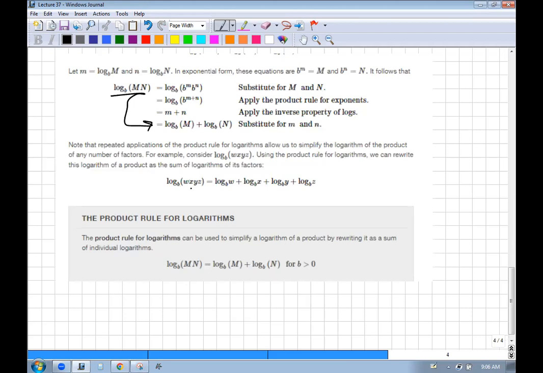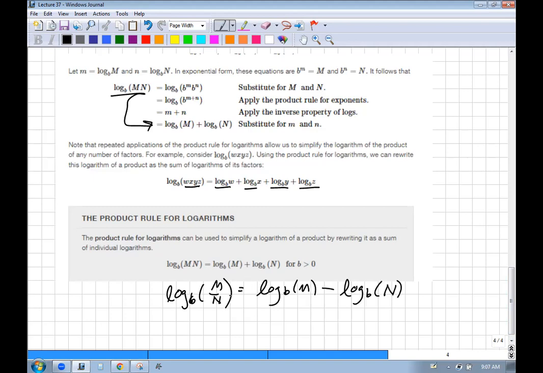So using what we know, here's a product. You can bust it into a sum of all the things multiplied together. And likewise, if you have something like that, if multiplying is addition, then dividing is subtraction.